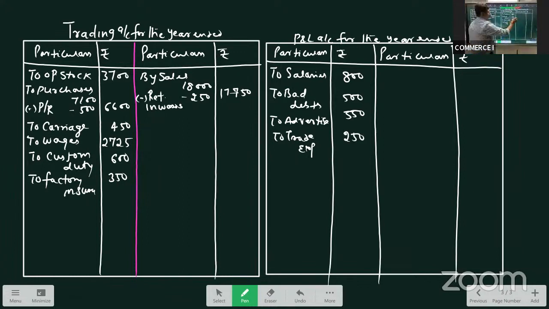Discount received. It's an income, 1600. Interest received, again that is an income, 975.